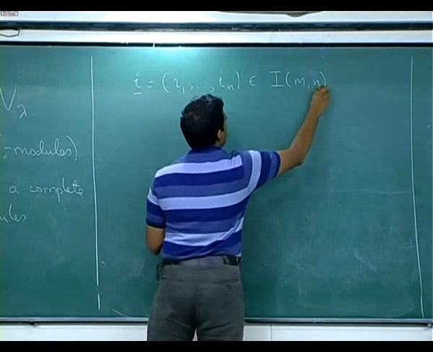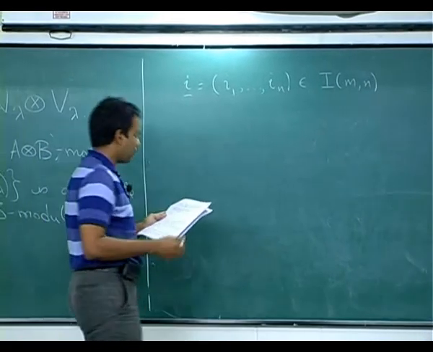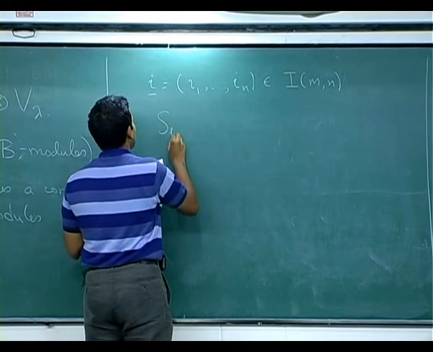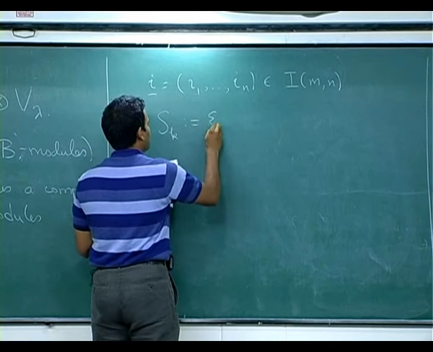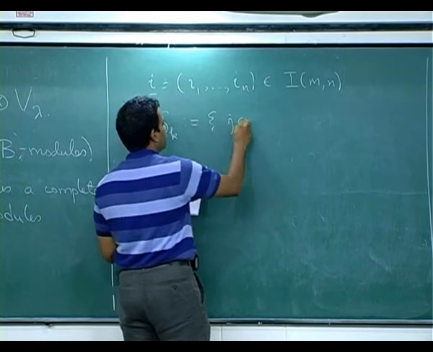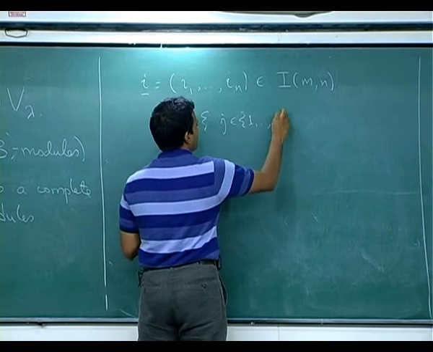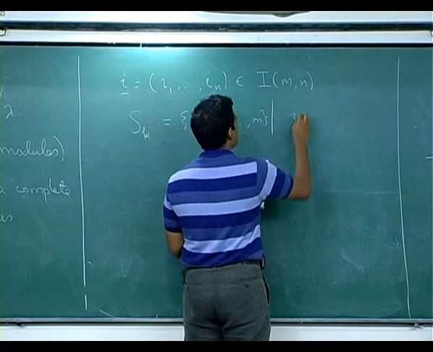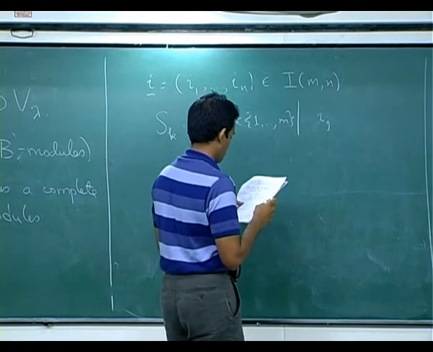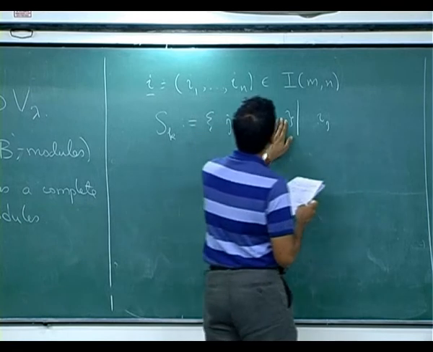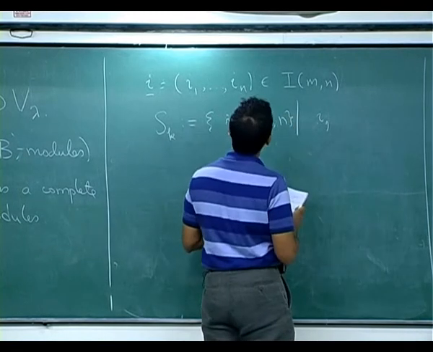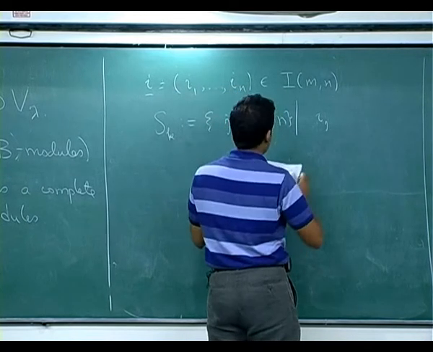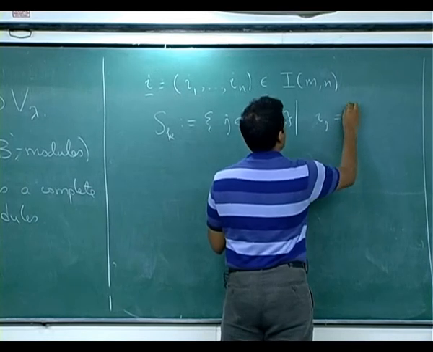These are the things that index the basis of k^m tensor n. Let us define a subset S_k to be those j in 1 to n such that the jth index in the multi-index is equal to k.